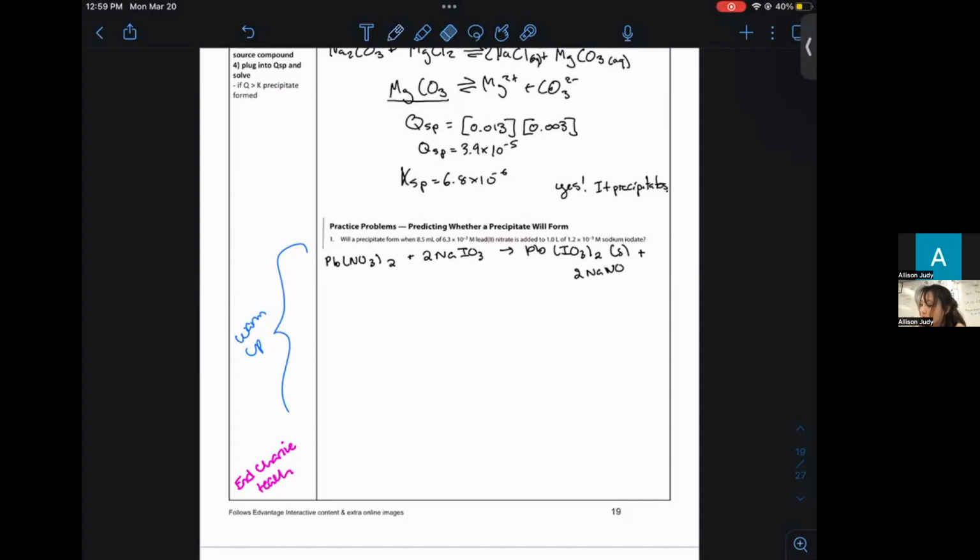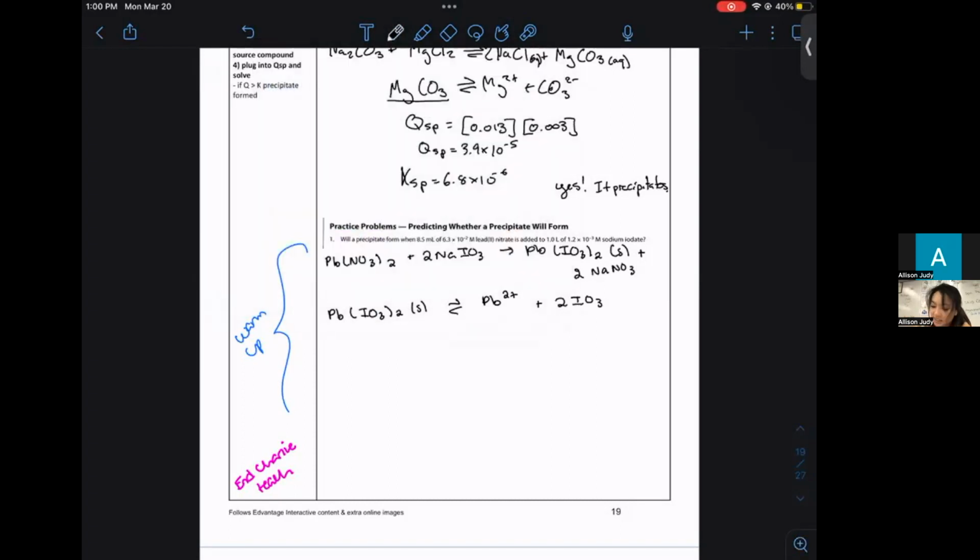And remember, the AP likes you to memorize certain rules about solubility. Anytime you have a nitrate or an alkali in a compound, it is always soluble. Okay, so then what you would have gotten is that your dissociation is Pb(IO3)2 in equilibrium with its respective ions, Pb2+ and 2 iodate ions. And then you would have been given KSP from a table.